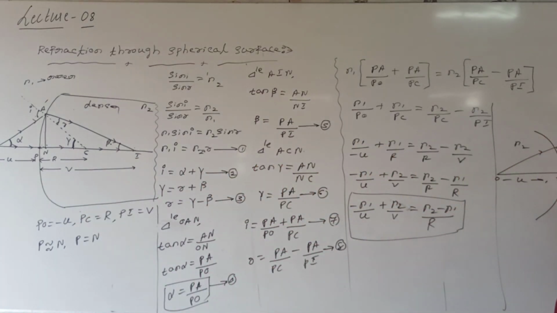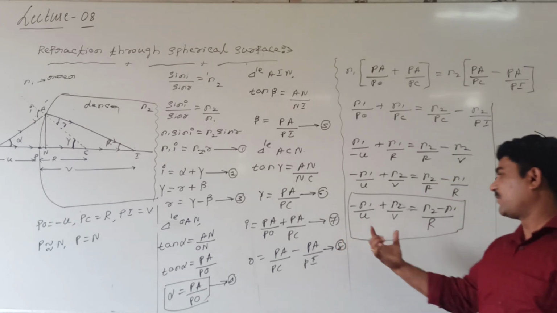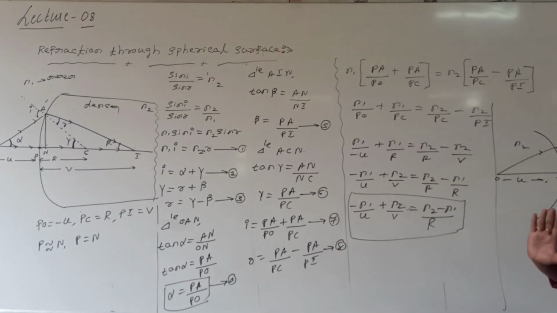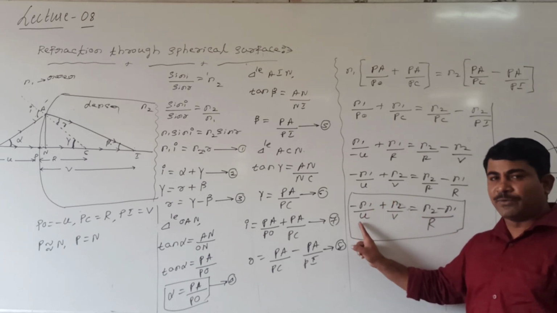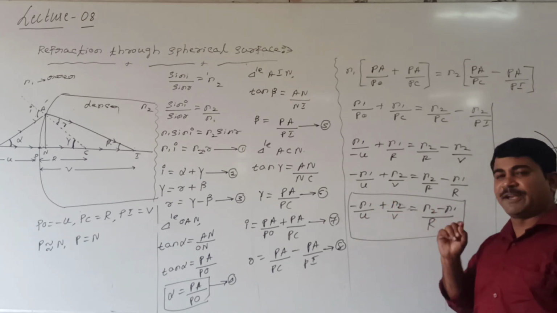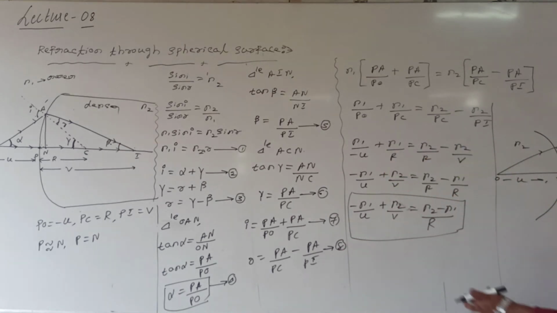Then for a concave spherical refracting surface, how do we write this equation? Simply, this equation can be replaced by exchanging the refractive indices. Earlier: minus n1 by u plus n2 by v is equal to n2 minus n1 divided by r. Now for this surface, simply exchange the refractive indices: wherever there is n1 I put n2.